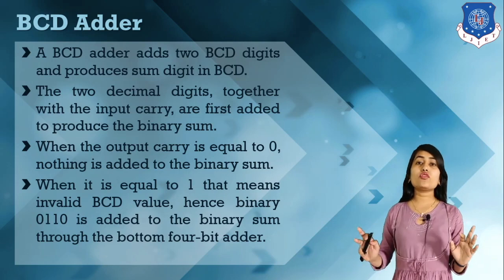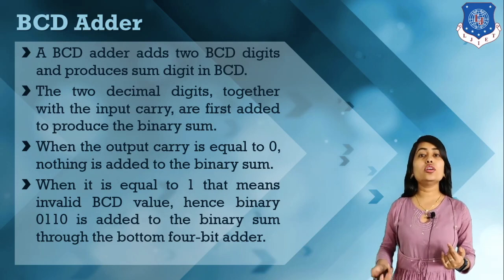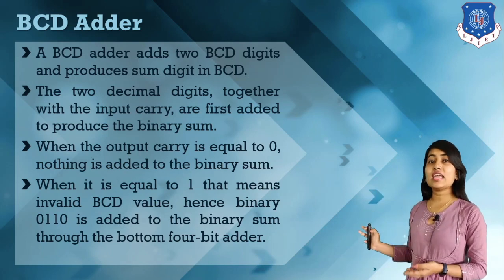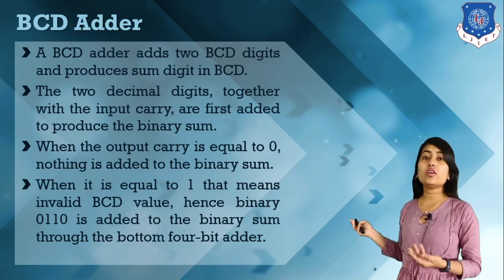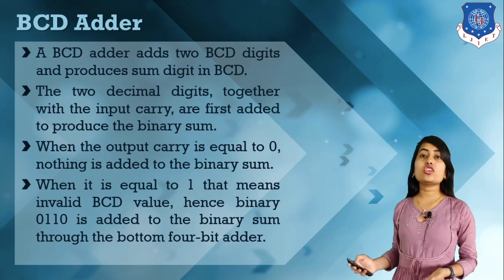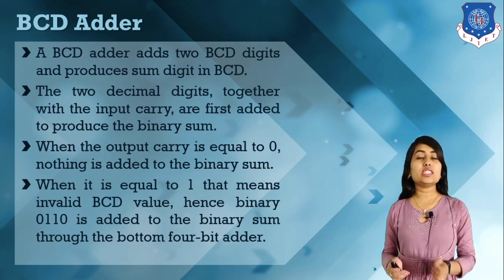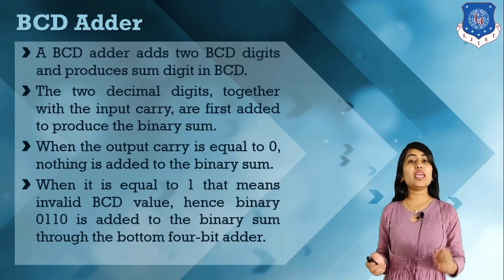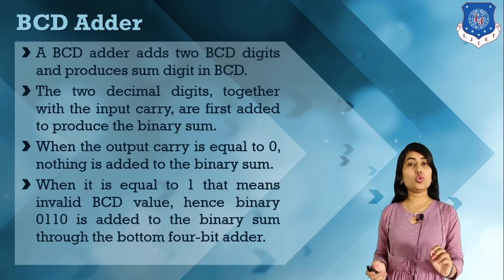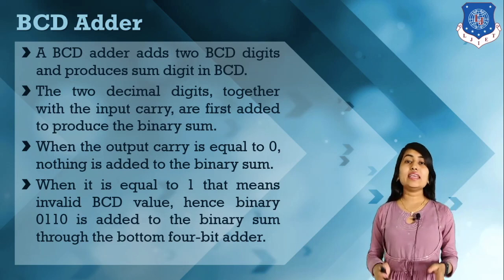Or if we have a carry out during this BCD addition, then we also have an invalid BCD code. So whenever we have an invalid BCD code, we can make it valid by adding 6.